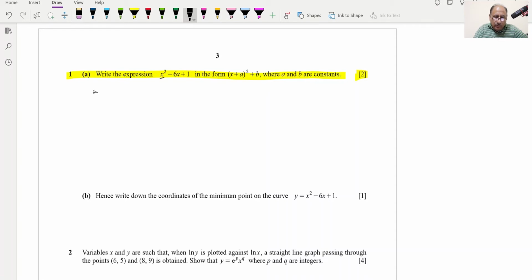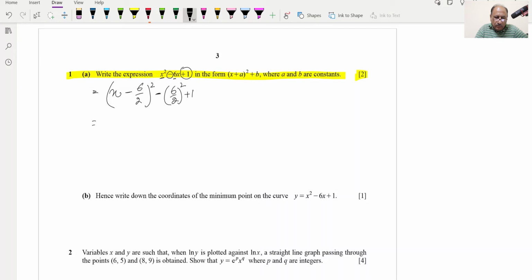We will write x and then copy this sign, which is minus, so we'll write minus, and then 6 will be divided by 2 and we will write the square of this one, and this sign will always be minus, and whatever we have written here we will take the square of, which is (6/2) squared, and plus this tail portion we will write over here. This is the easiest technique for completing the square, which we always use.